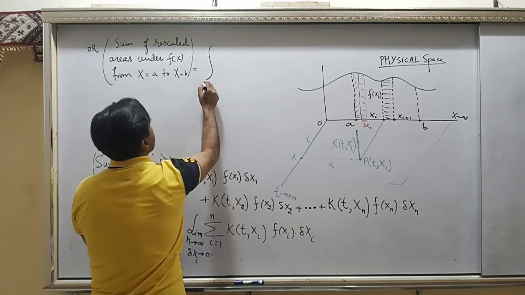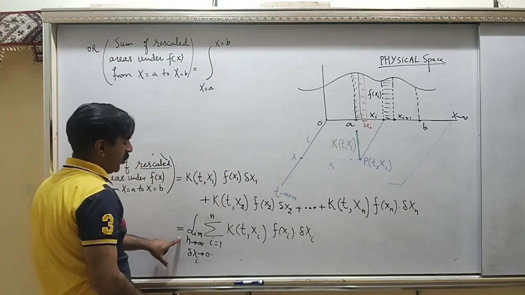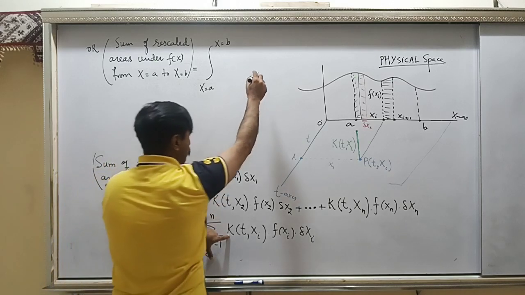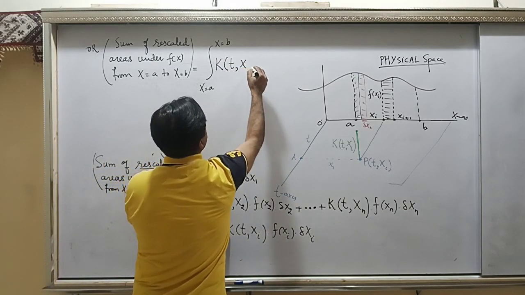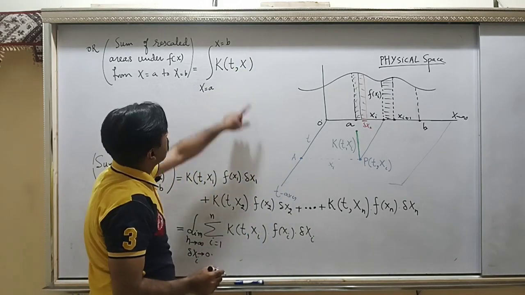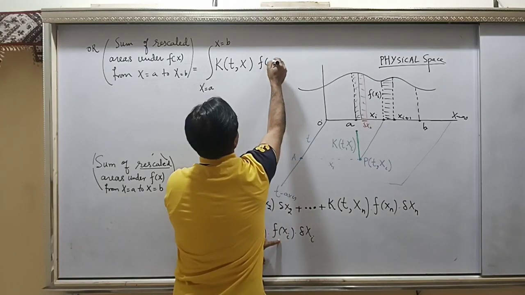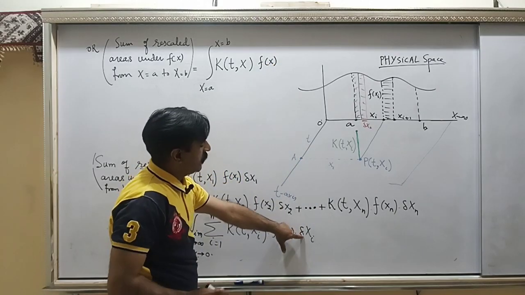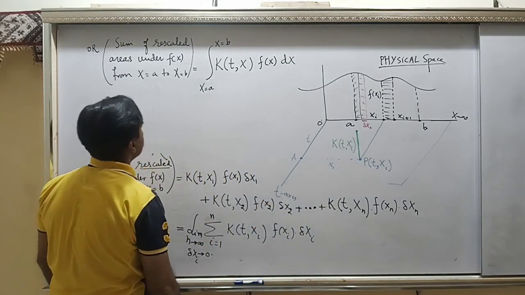This is the integral from x equal to a to x equal to b, right? And this k function will become a continuous function. So the variable xi is now x, the continuous variable, f(xi) is f(x), and delta xi is dx, right?